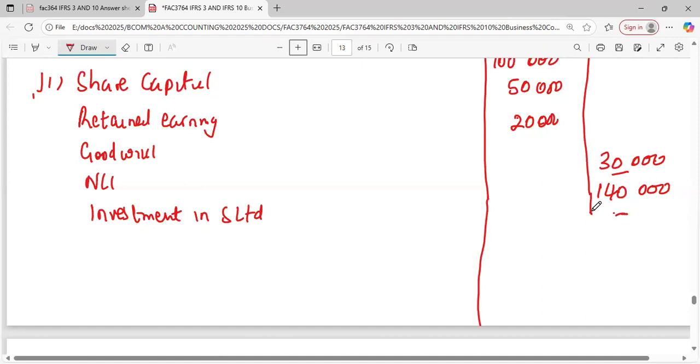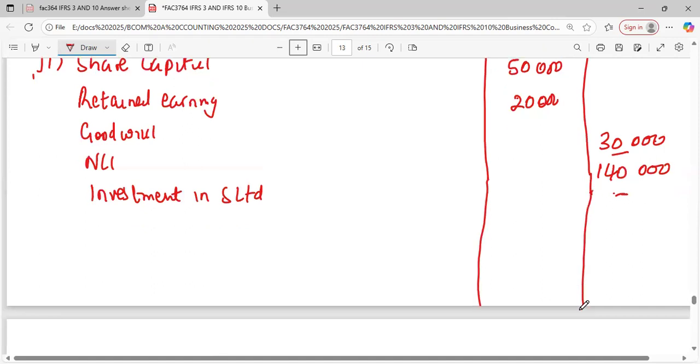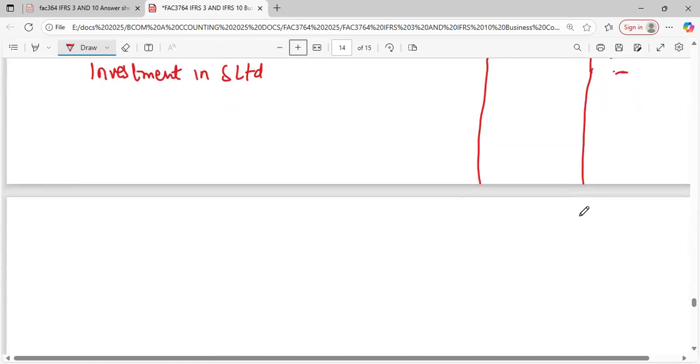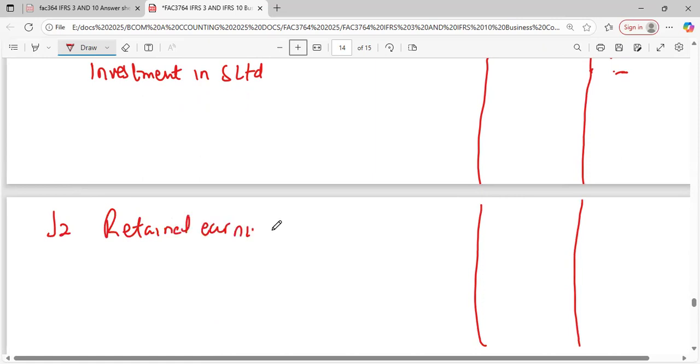So you need to record the retained earning that is in the controlling interest. So which means you are going to have your retained earning here. You take out from retained earning and give it to non-controlling interest. So that is going to be your journal 2.